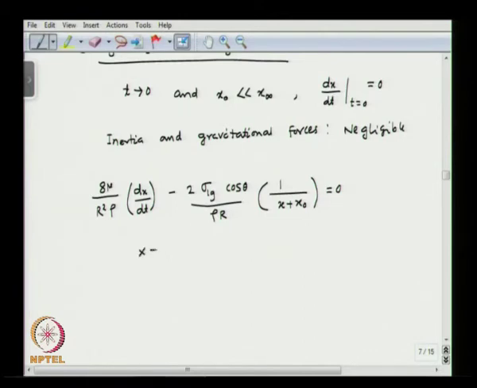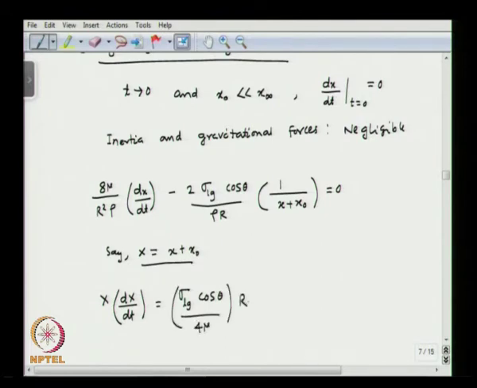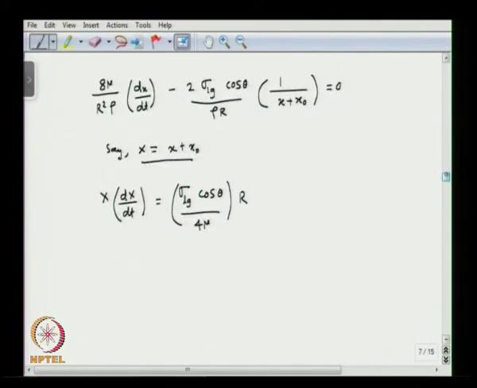We can say capital X is x plus x0. If we say that, then we can write X dX over dt will be sigma Lg into cos theta divided by 4 mu into r. So, this is the equation we get, which is easy to solve.